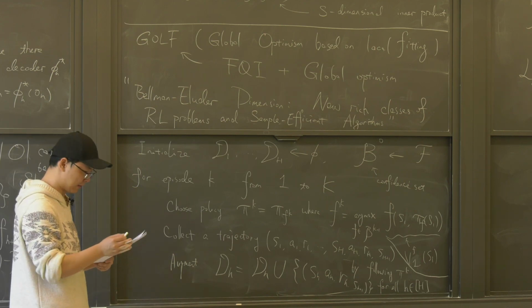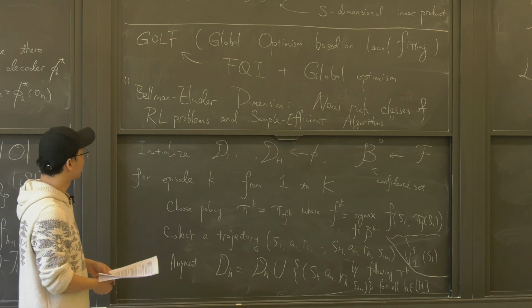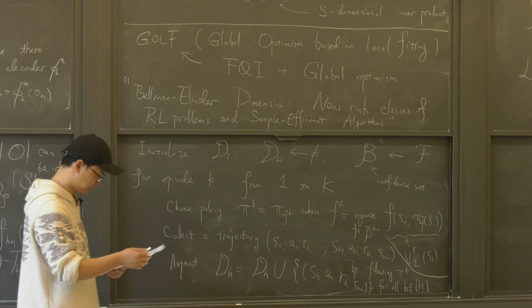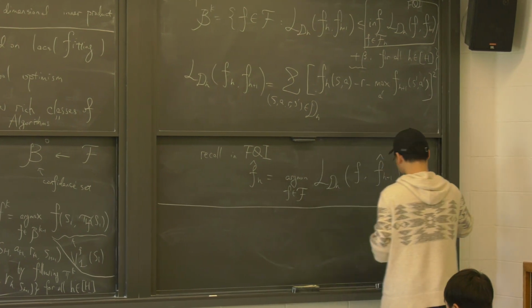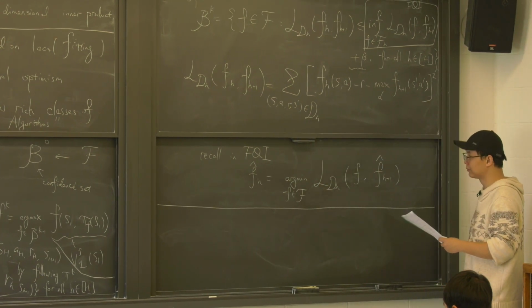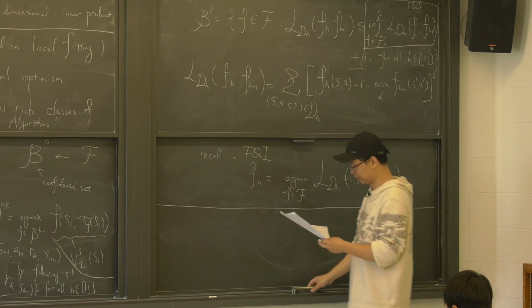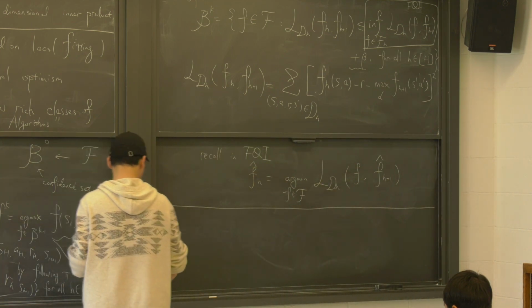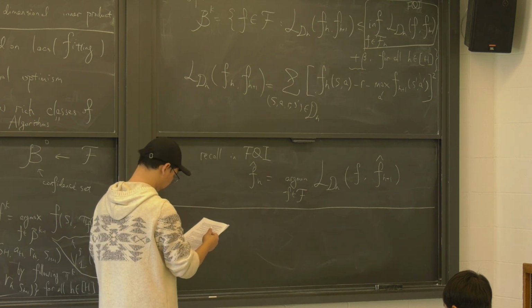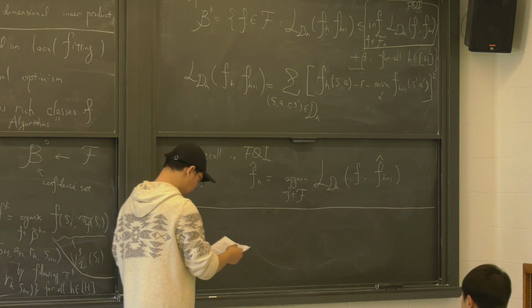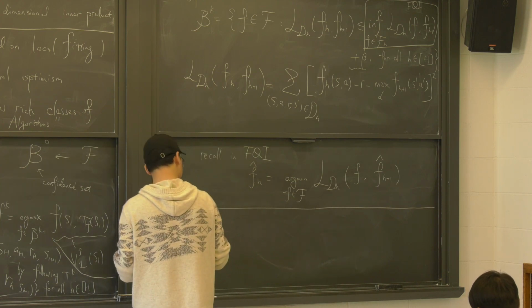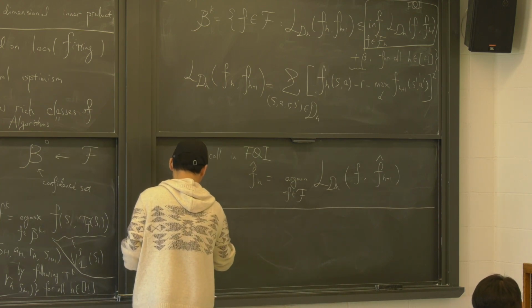Any questions about this confidence set or why we want to do this algorithm? So here, beta is some statistical slackness.